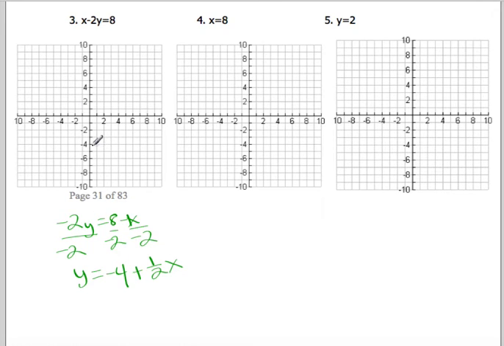So we have -4 for my y-intercept, and a slope of +1/2, meaning up 1 and right 2, up 1 and right 2, up 1, right 2. And then connect with a straight edge.